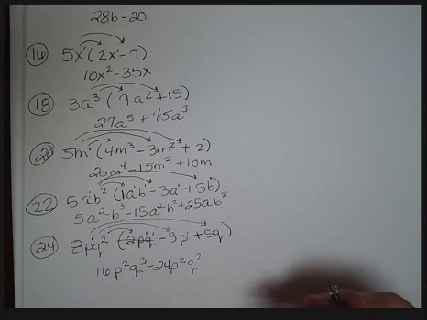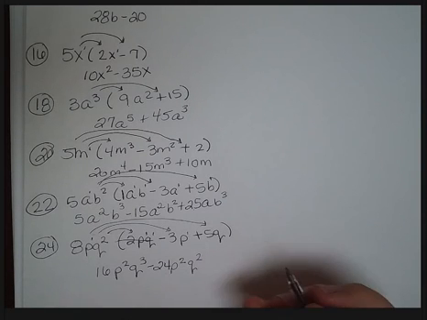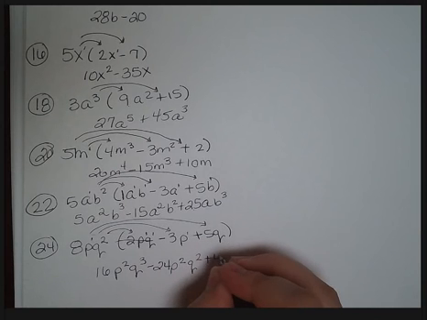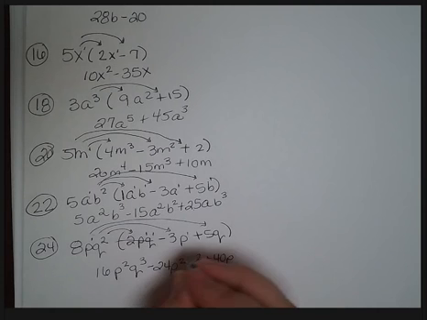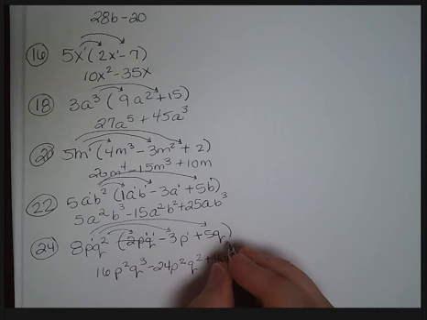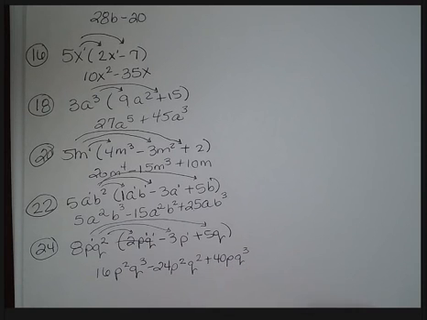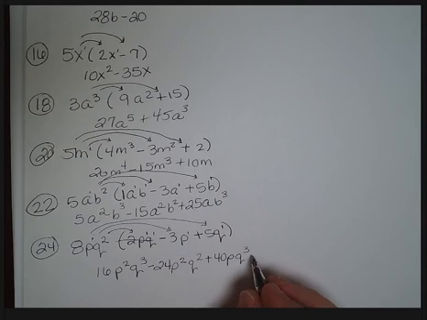And then when we do that with that last term, that gives us 8 times 5 is 40. Bring the p down because there's no p to multiply it by. And then q squared times q is q to the third, because 2 plus 1 gives you that 3.